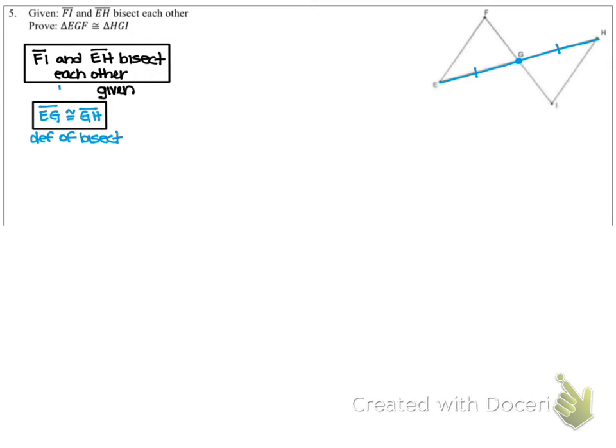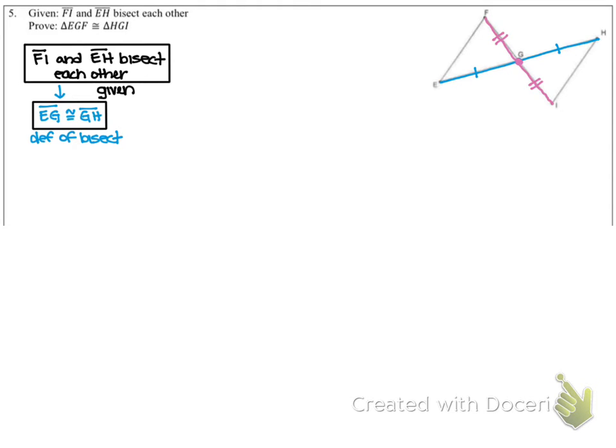That stems from that bubble. Okay, but that's FI cutting EH in half, but it says they bisect each other. So I think that means that EH also bisects FI. So back to the picture. If I take this FI line segment and find out where they hit each other, those are also cut in half.